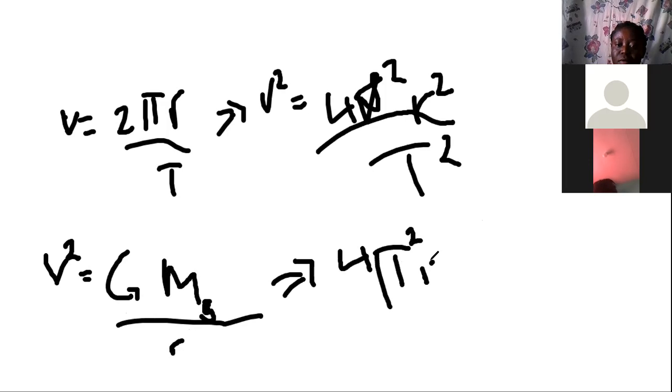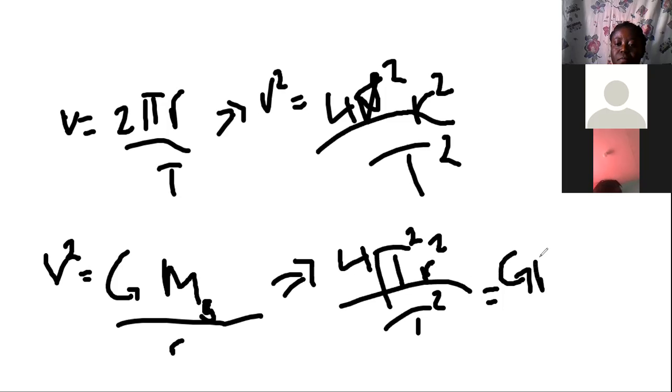r squared over the t squared equals G times the mass of the sun, divided by the r.